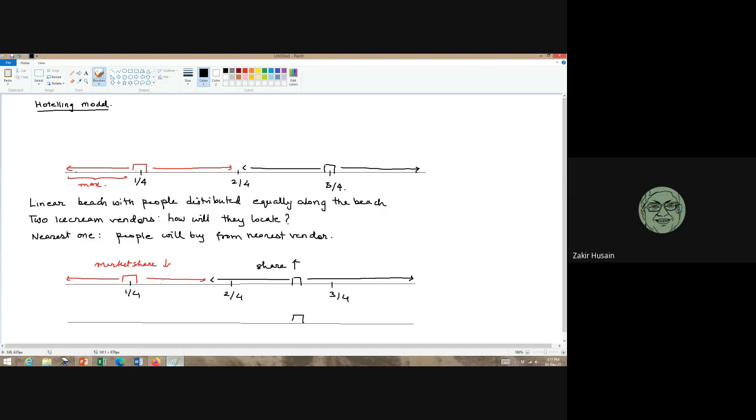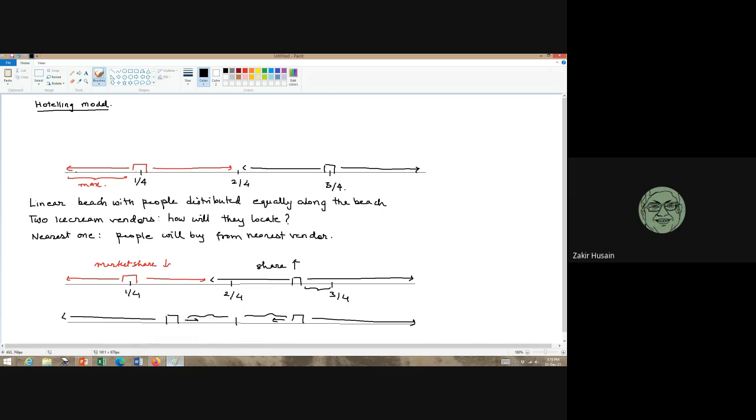If he also advances the same distance, so he comes over here, and this is shared equally. Now, what will this person do in that case? He's very greedy, so he's going to come closer on this side. So what is this person going to do?